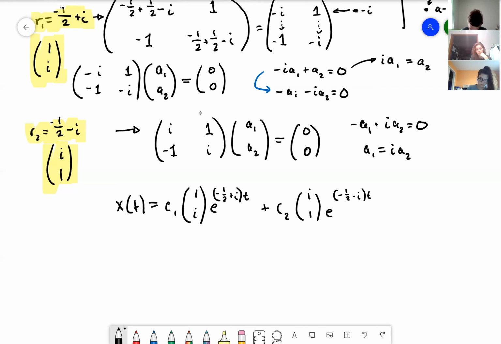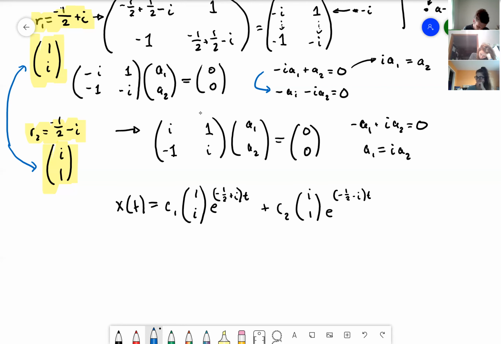The point that I wanted to make, and I was a little too clever for myself: remember that any scalar multiple of an eigenvector is still an eigenvector for the same eigenvalue. So we picked this (i, 1), and it's not completely clear from the way I've written this that the eigenvectors for these two eigenvalues that come in conjugate pairs should themselves be conjugates, because I don't have them scaled to the same scale.